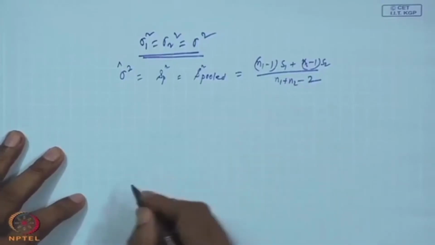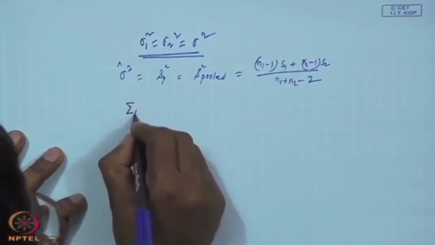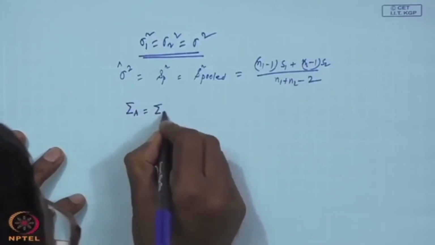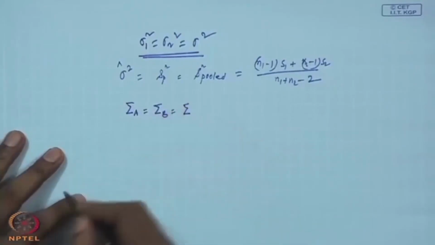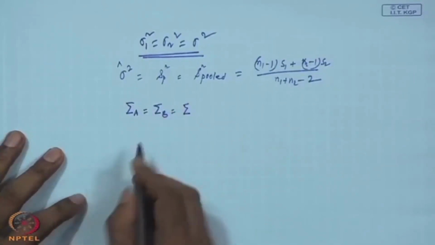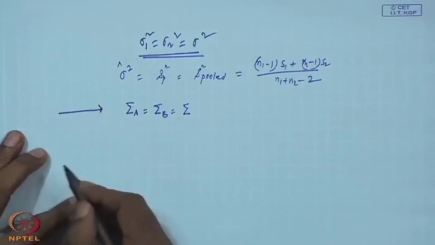Here we will use the same thing. Here what is our case? Sigma A equals sigma B equals sigma.